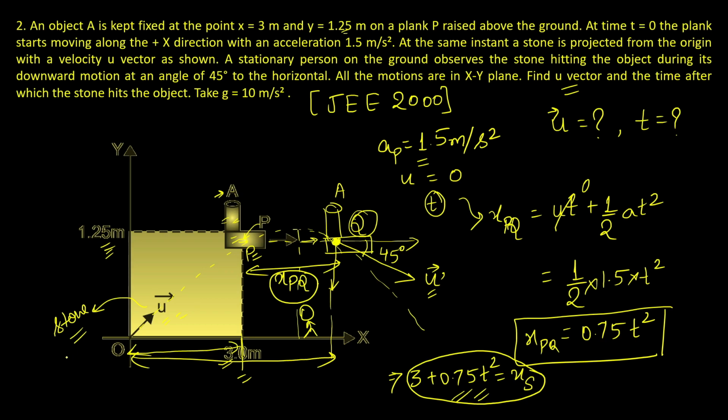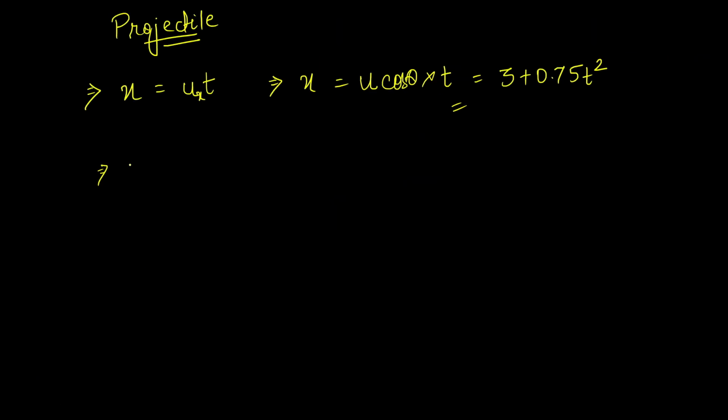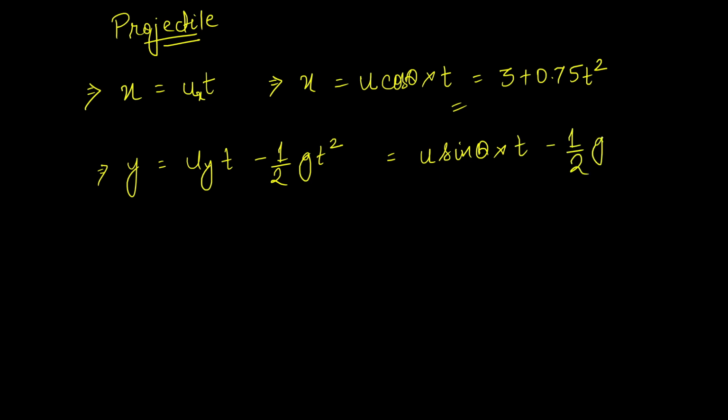So let me write another equation for projectile motion. We know that y is equal to uyt minus half gt square, and uy is u sin theta, so u sin theta multiplied by t minus half gt square is equal to 1.25. So this is another thing that we can write.